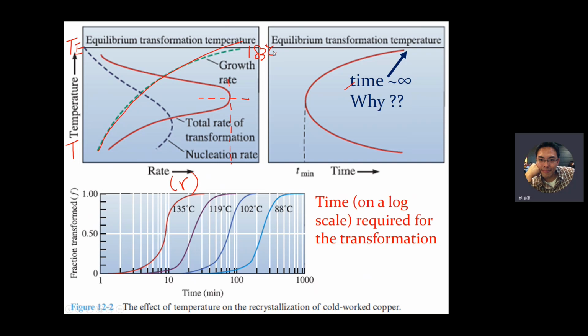Therefore, if we need a faster rate of transformation, what's the delta T? What's the supercooled temperature we need? We know the supercooled temperature is in this range, from TE to this point. That's delta T. Therefore, we know to cool down to the specific temperature to reach the maximum transformation rate.